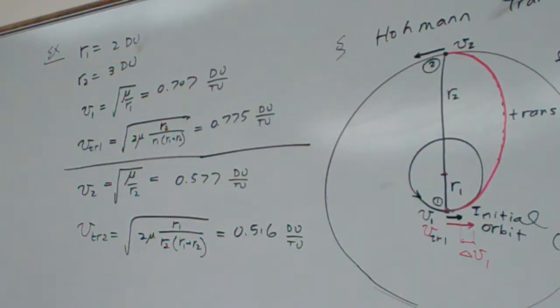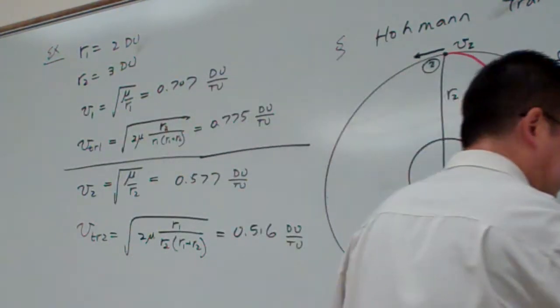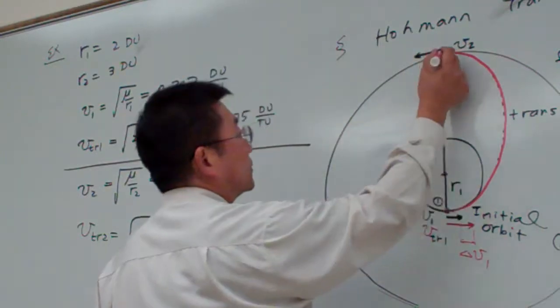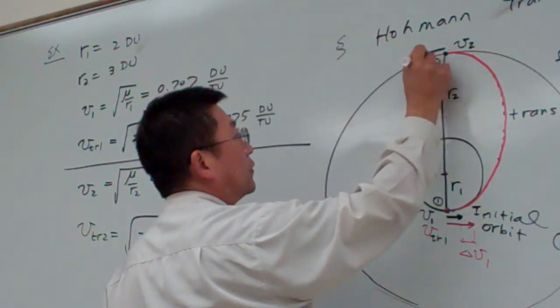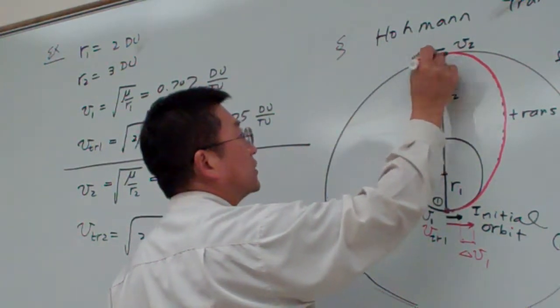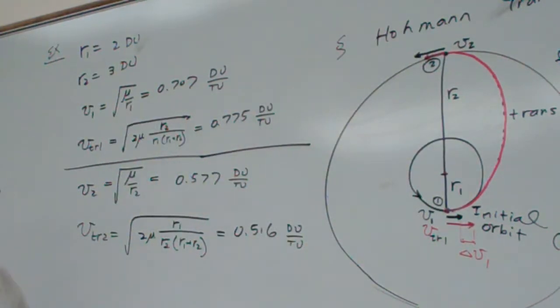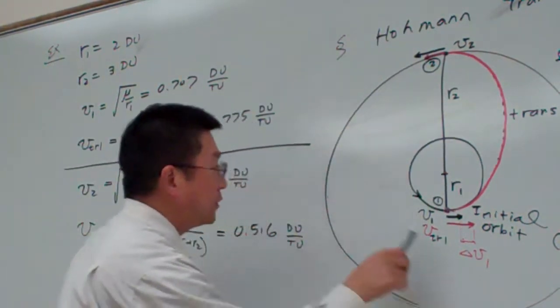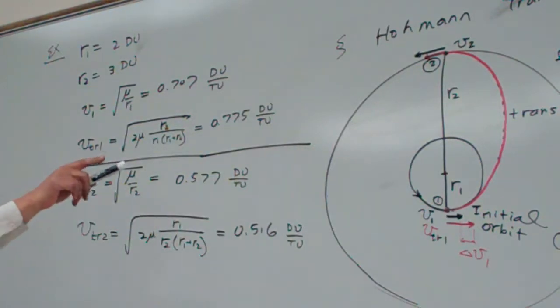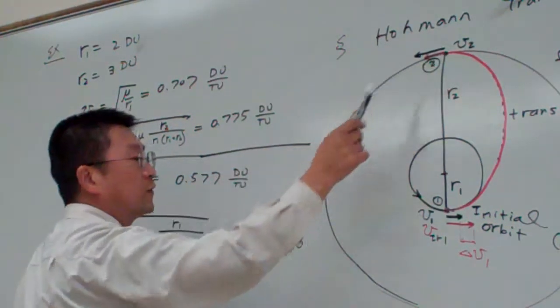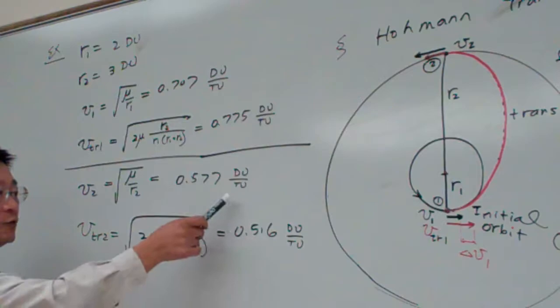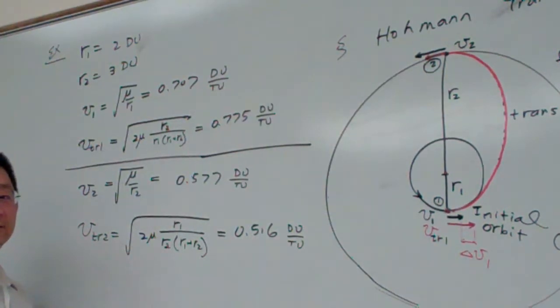The same thing here, let me draw that one. Once on the transfer orbit, here the velocity is that big. So again, once the satellite reaches the second transfer point, you need to speed up one more time.